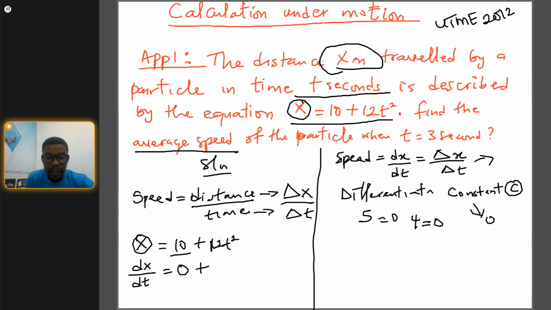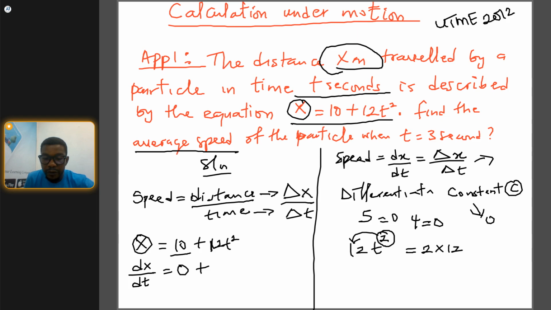Plus, if I want to differentiate 12t squared, let's explain how we can do it. To differentiate this, we have to take this power and multiply it by 12. So we have 2 times 12, all right?